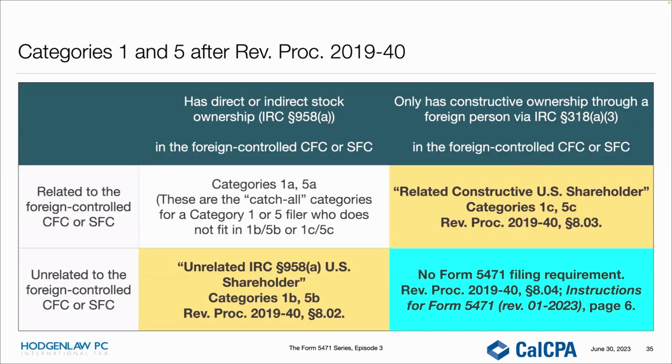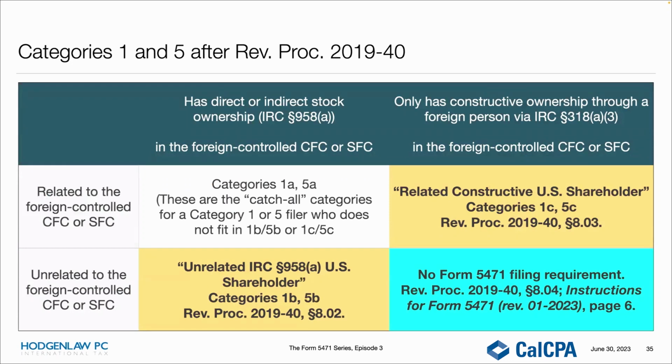I'm not going to go through the details of how you get there, but this is the summary of where you come out when you go through the analysis that Rev. Proc. 2019-40 requires you to do. If you're lucky, down in the right-hand corner, in the turquoise little blocks, you're going to be exempt from Form 5471 filing requirements entirely.